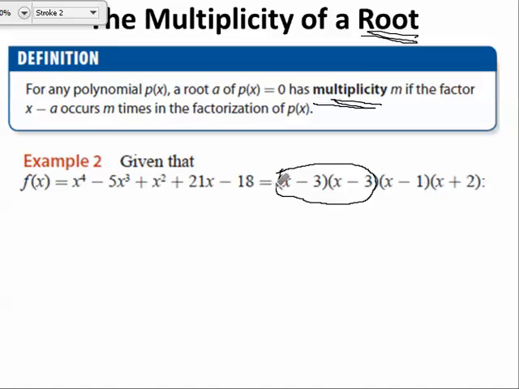So x is equal to 3 has a multiplicity of 2, with 2 roots there. Anytime you've got a root that occurs more than once, it has a multiplicity.